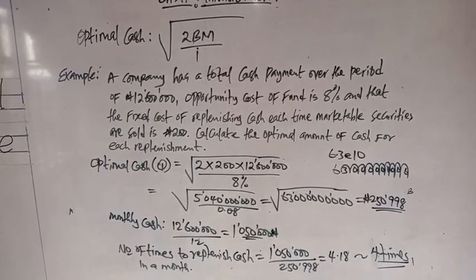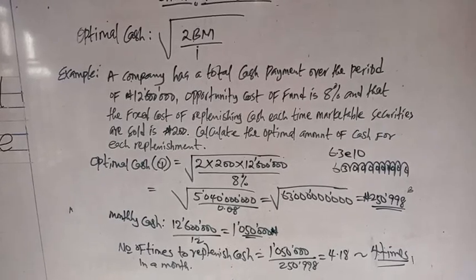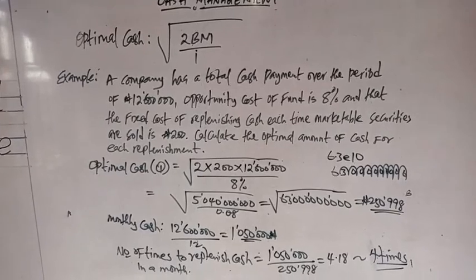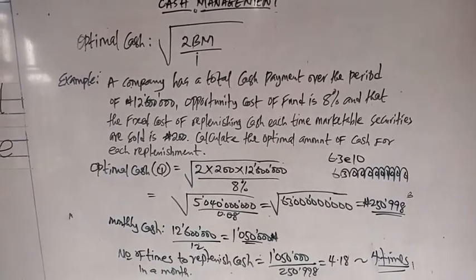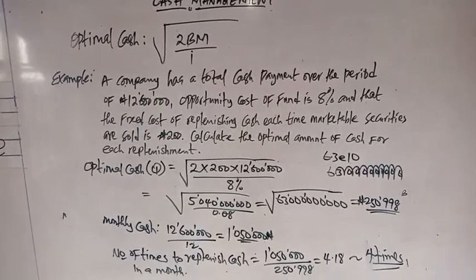By that, 1,050,000 divided by my optimal cash, which is 250,998, gives a figure of 4.18, approximately 4 times. You need to replenish 4 times in a month, which is once in a week. So that's what I've done so far.